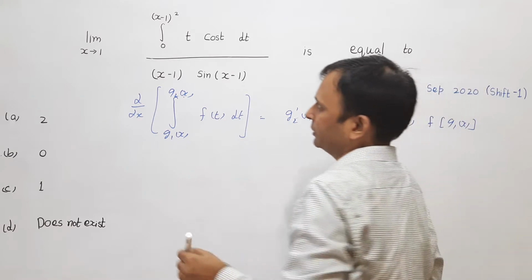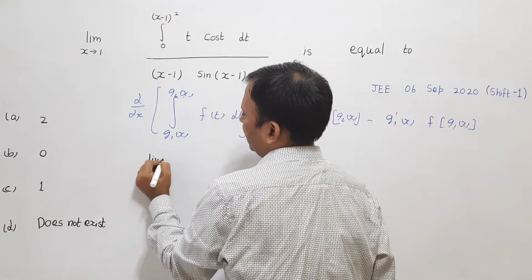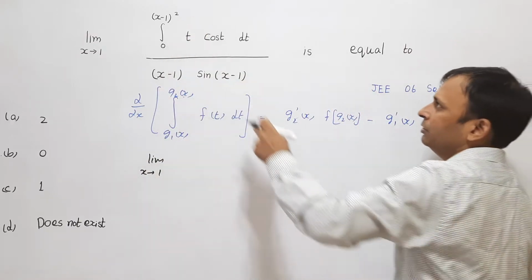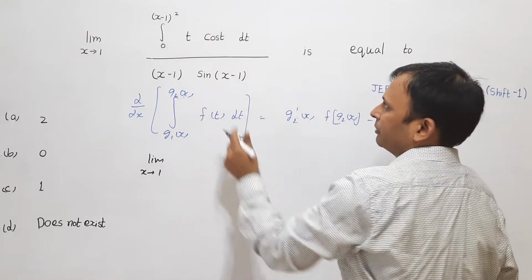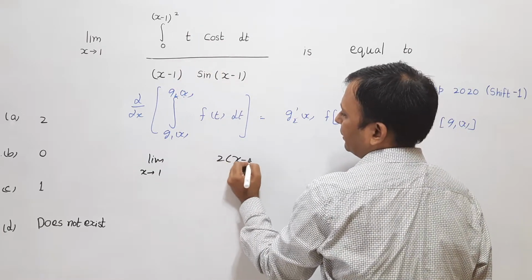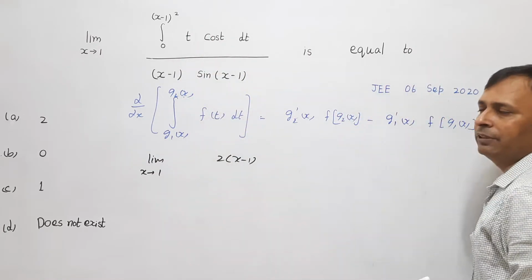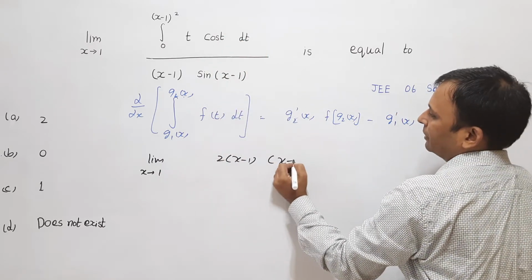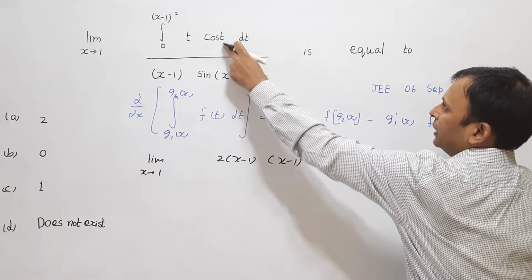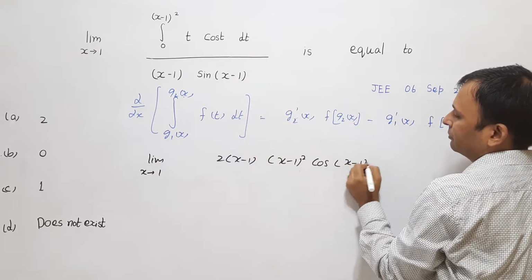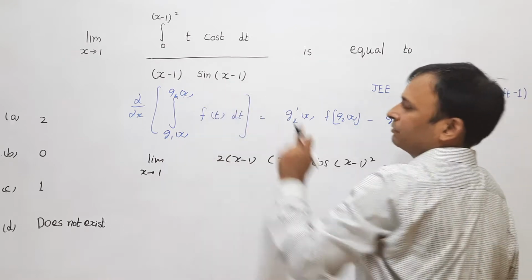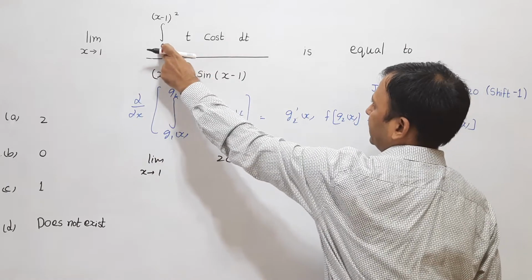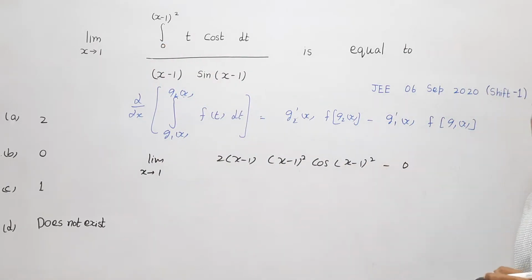So limit x approaching 1, you will have the derivative of the upper limit, that is 2 into (x minus 1), multiplied by, wherever t is there, I replace it by (x minus 1) whole square. So that is (x minus 1) whole square into cos of (x minus 1) whole square, minus the derivative of 0, which is 0, so ultimately that part will be 0 only.